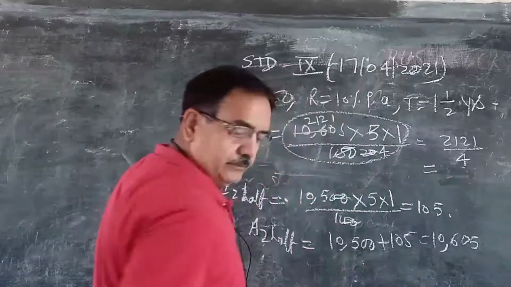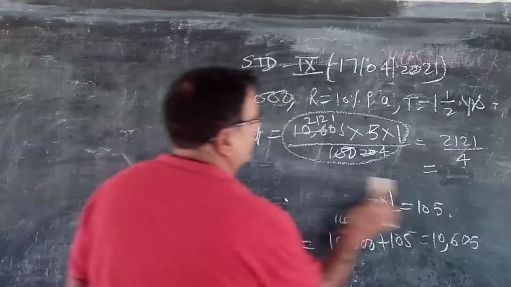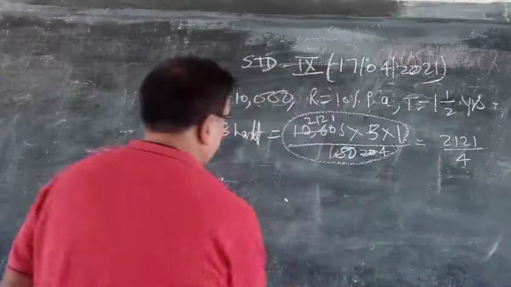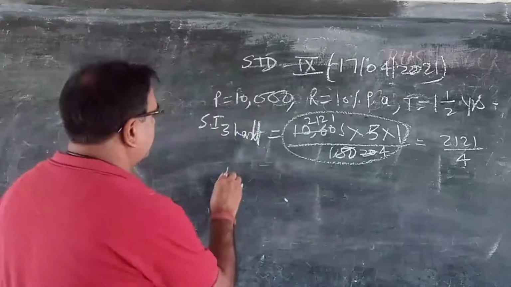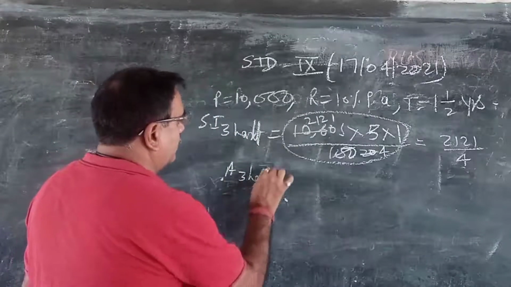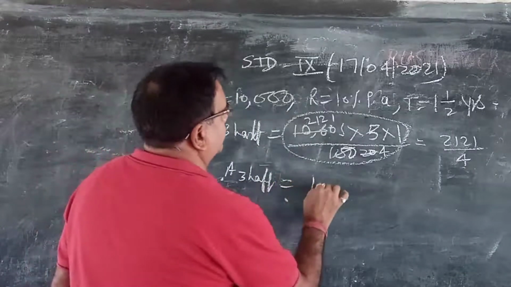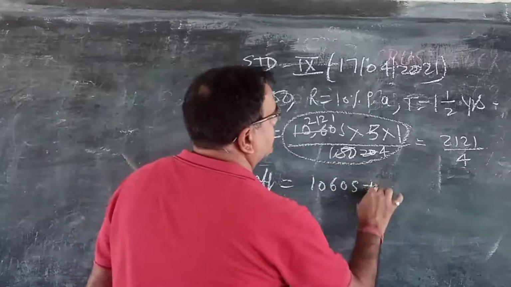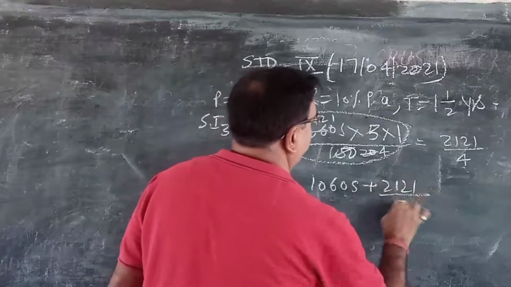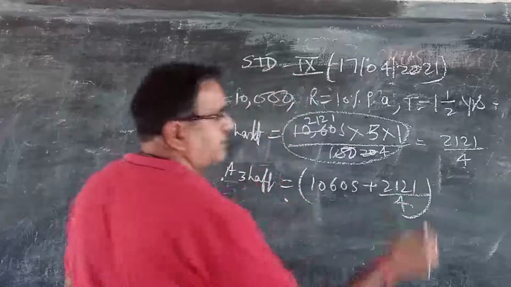Now amount of the third half: 10,605 plus 2120 by 4. This is the amount of the third half.